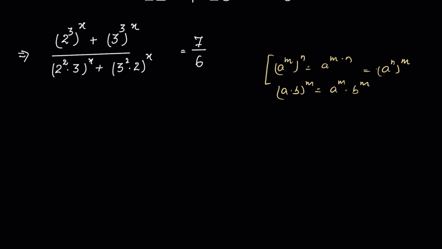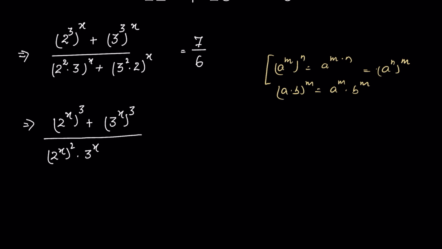So using these two identities, we can write (2^x)^3 + (3^x)^3 upon (2^x)^2 times 3^x + 2^x times (3^x)^2 equals 7 upon 6.